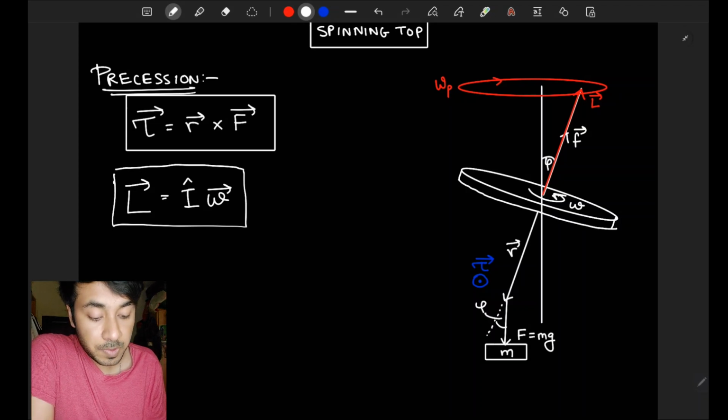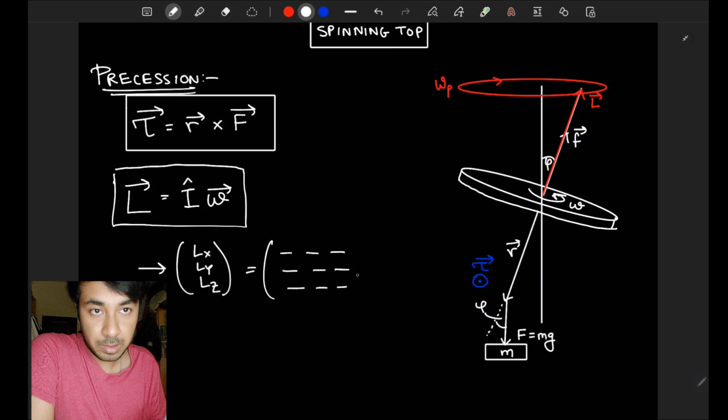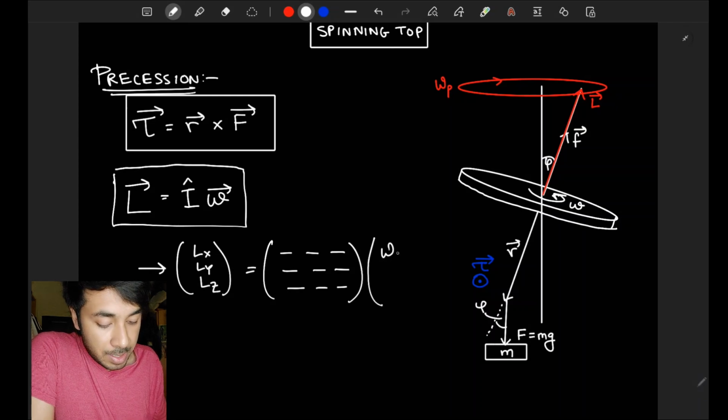This is again a very important formula, and in vectorial terms it would look something like this, where the angular impulse has three components in Cartesian coordinates, and the tensor is a 3 by 3 matrix if it's a 3D thing, with many elements inside the matrix, all of which are part of the moment of inertia tensor. Then you have the omega. The omega also has 3 components.